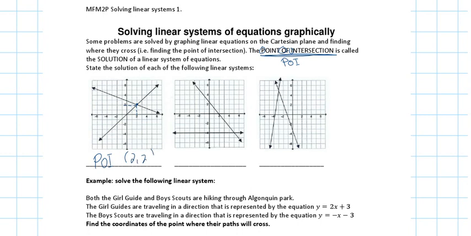What's special about this POI is that the point is on both lines. That (2, 2) is on the yellow line, and it is also on the red line.